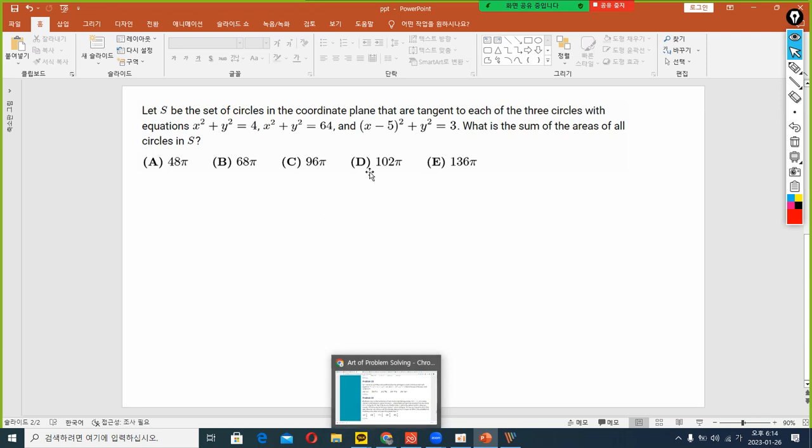To solve this problem, let's use some Desmos to make a clear picture, a clear graph.